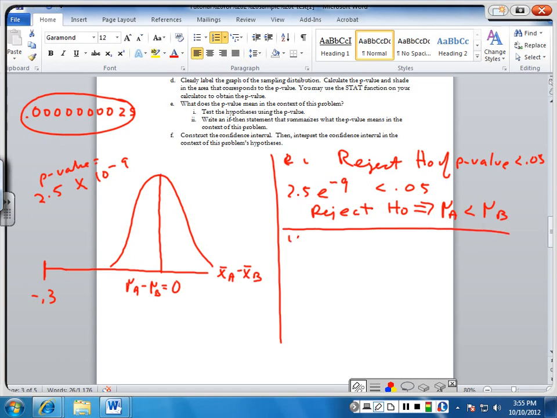And then for part 2 on that, we will say if mu A minus mu B is equal to 0.